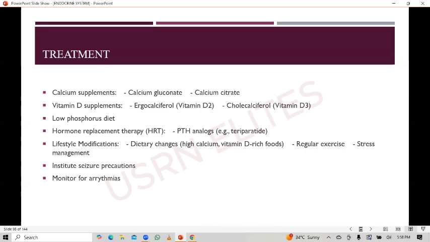Are you sure? We don't have calcium. We don't have vitamin D. I think we'll still have a low density bone, because once calcium levels are low, the bone will not be strong enough.